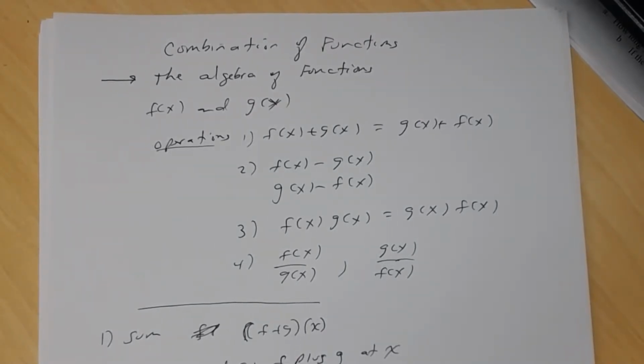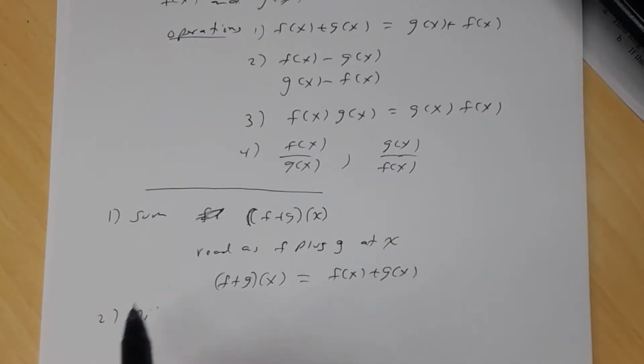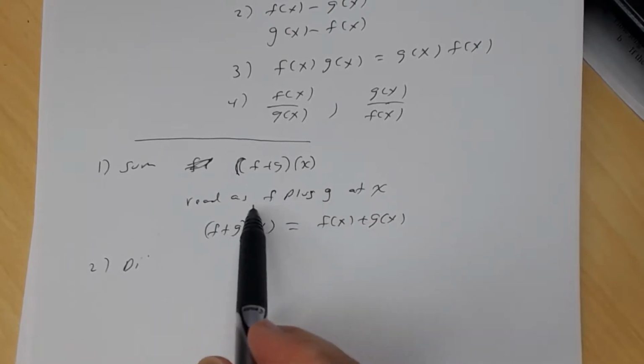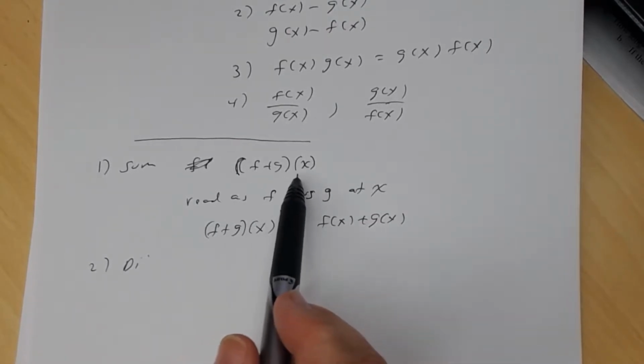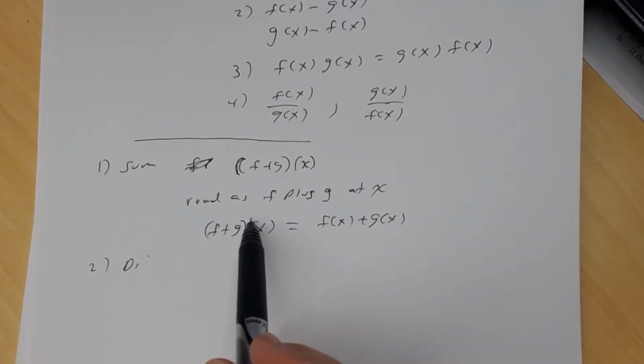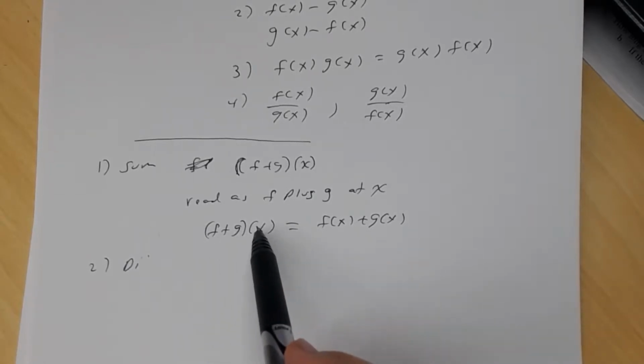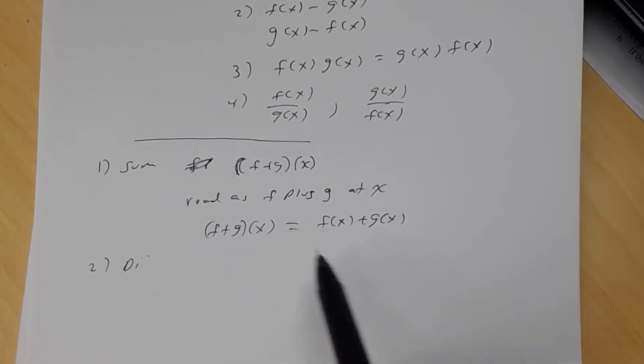Okay. Then there's the difference. So remember, f plus g at x, the symbol will be f plus g in parentheses at x. So by definition, that'll be f of x plus g of x.